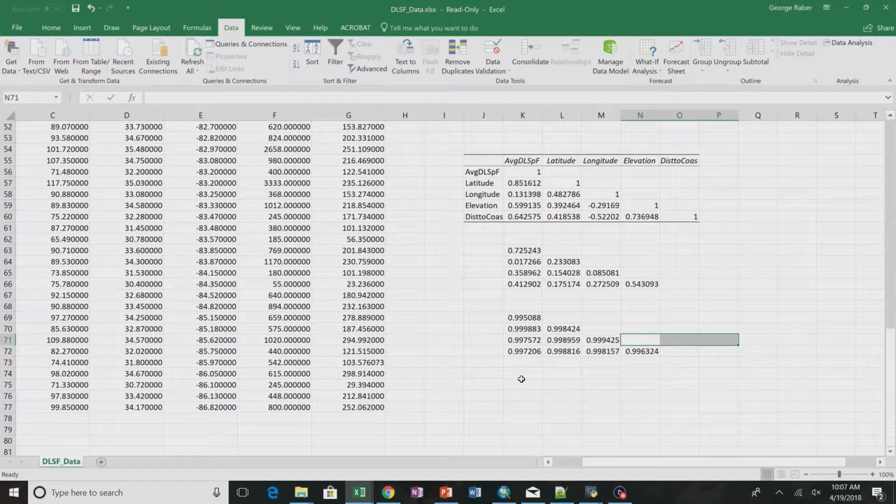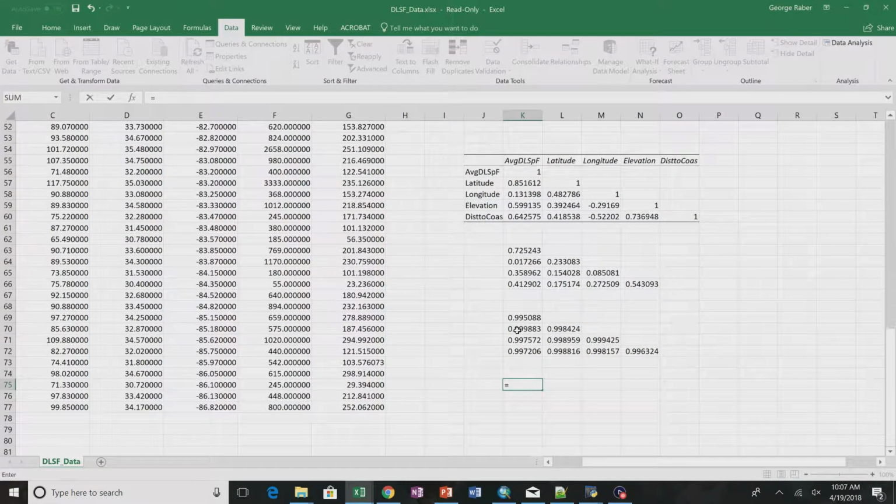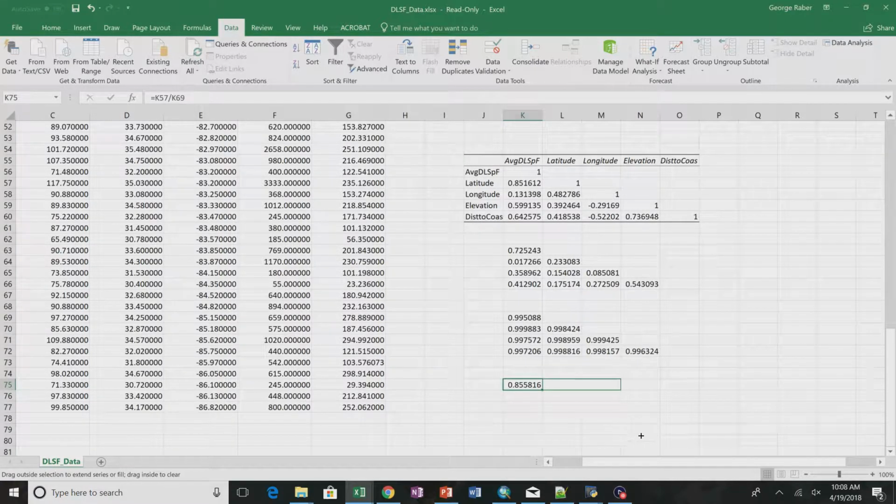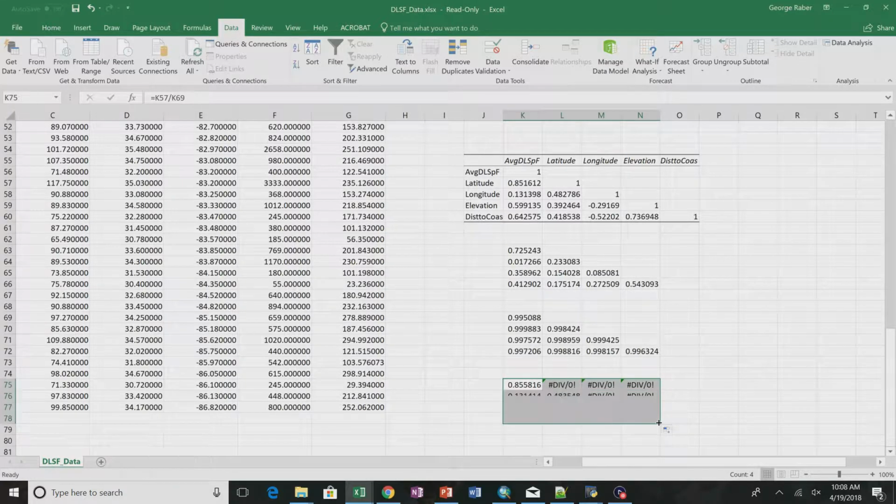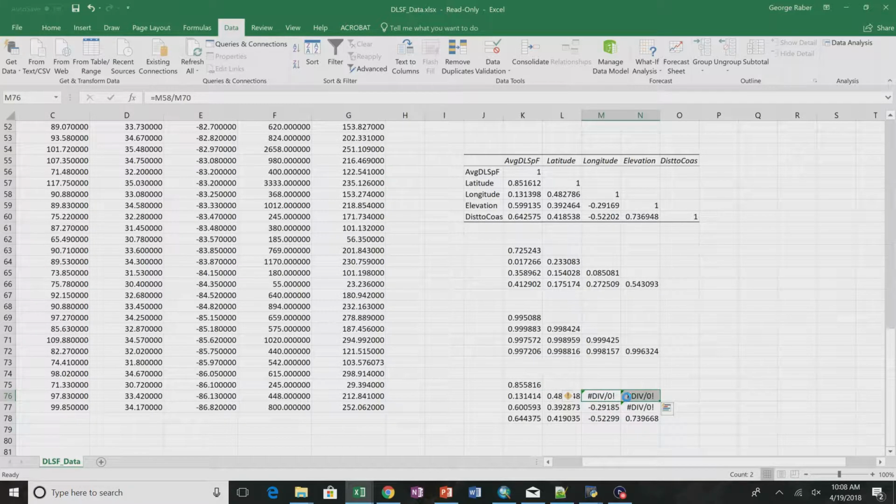All we need to do is a simple division: the original r value divided by our standard error should give us the t statistic that we want. So that's the t statistic, and this is basically in standard deviations.